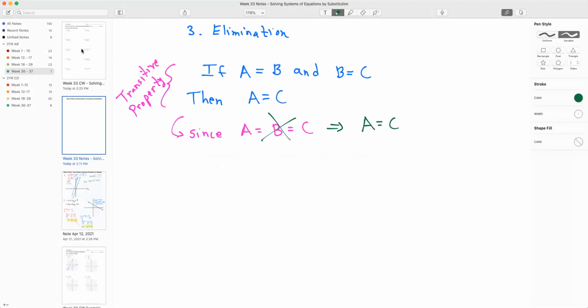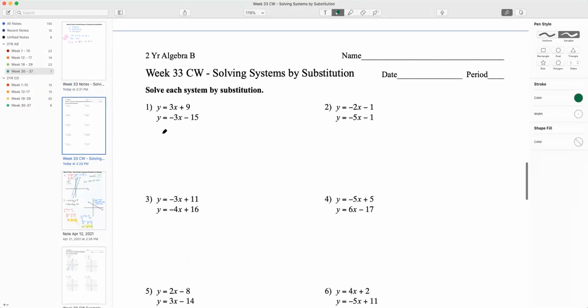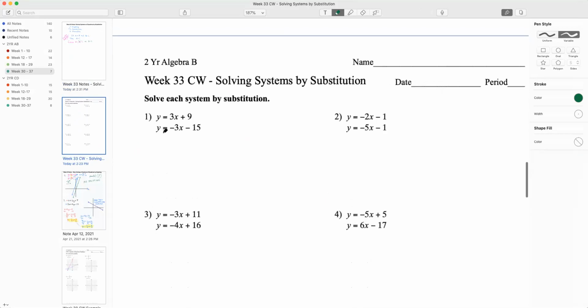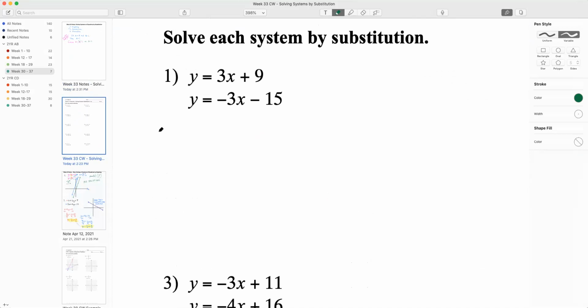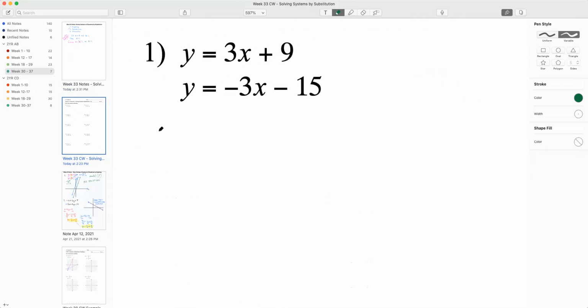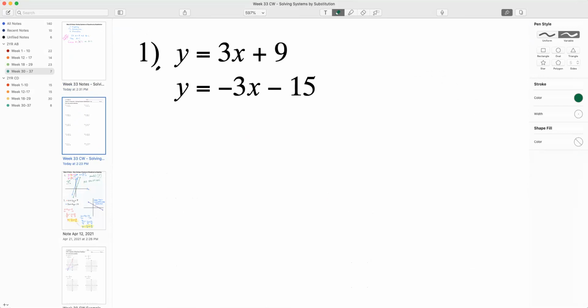Now, let me pull up an example real quick so you can follow along. We're just going to be doing number 1 here in the classwork. You can see here that y equals 3x plus 9 and y also equals negative 3x minus 15.